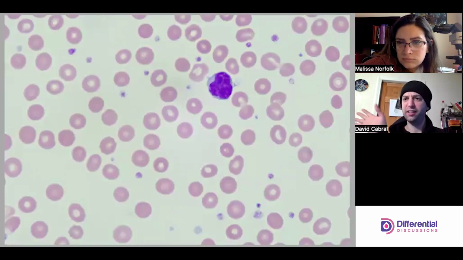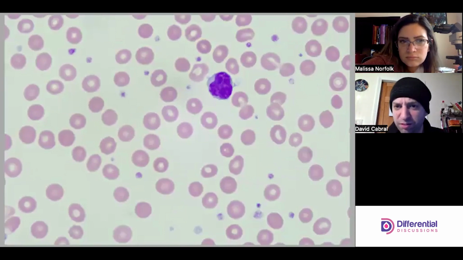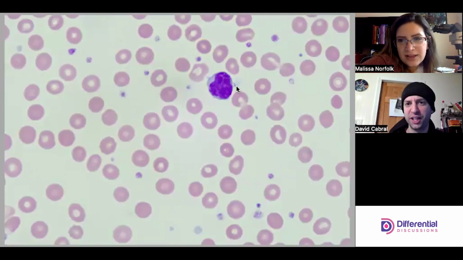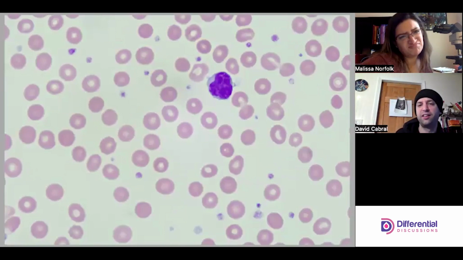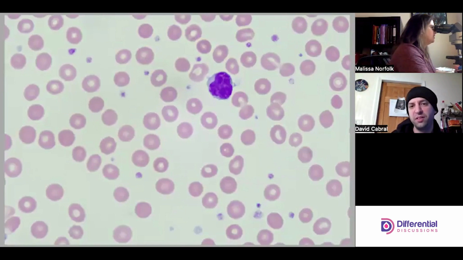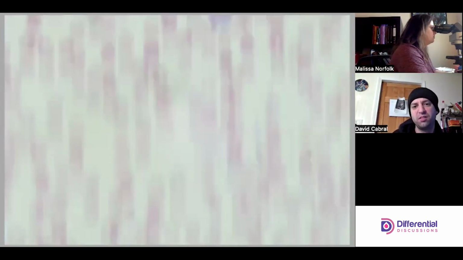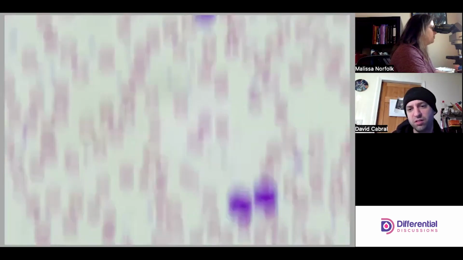Does that look like it? Yeah, it's like an isolated area of projection, that could be like one little hair. Yeah. But nothing too exciting. Oh, this is fun.